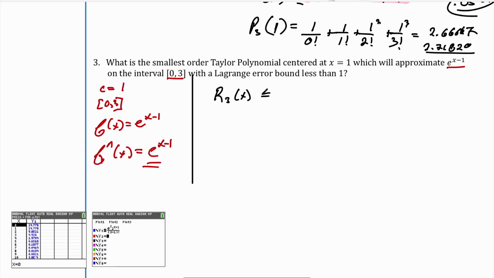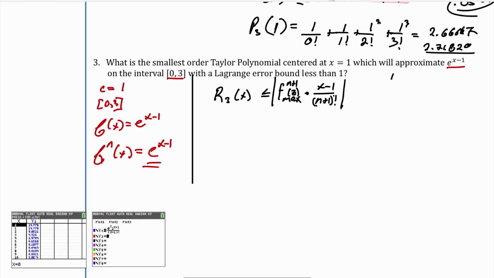So we're going to have f to the n plus 1, the maximum that we can get, times, this is all an absolute value, x minus 1, because we're centered at 1, so x minus c, over n plus 1 factorial, and that'll do that. And now we just have to find our z term.